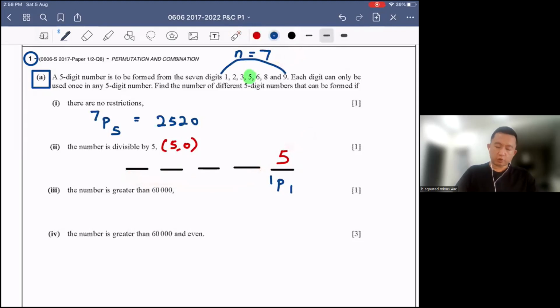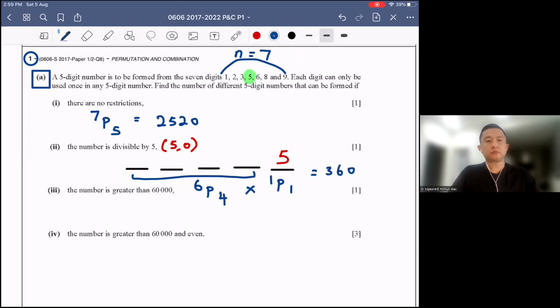We have 6 more digits left. Out of these 6 digits, you are going to select 4 because there are only 4 slots. So 6P4. The final answer is 6P4 times 1P1. 1P1 is just 1. So the answer is 360.